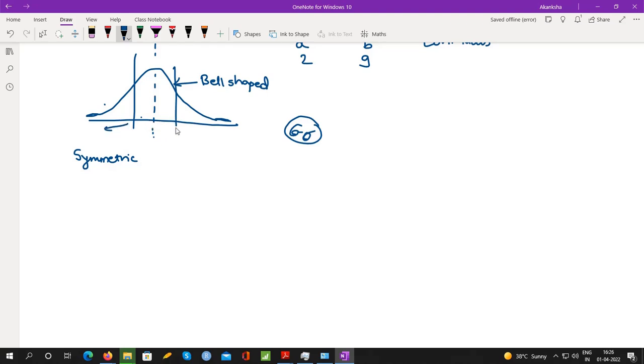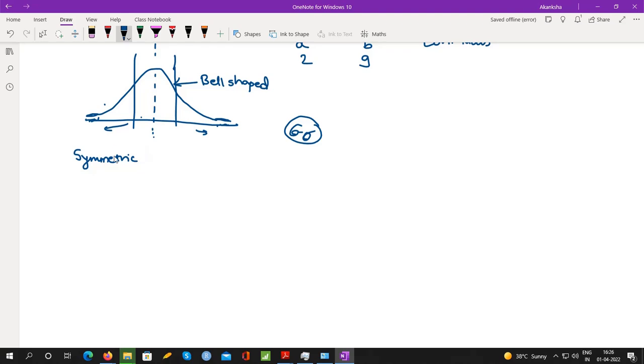But then we will also have people on both the extremes, few people who will be very tall, few people who will be very short. And generally the proportion of people who are very tall would be similar to the proportion of people who are very short. Same story with weight. Majority of the people will have near average weights, we will have extremes on either side and roughly equal number of extremes on either side. So most of the natural phenomena seem to exhibit normal distribution, hence it is quite widely used.